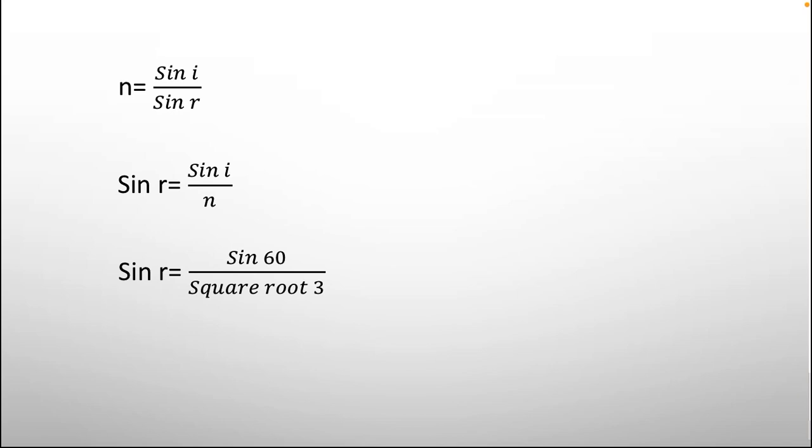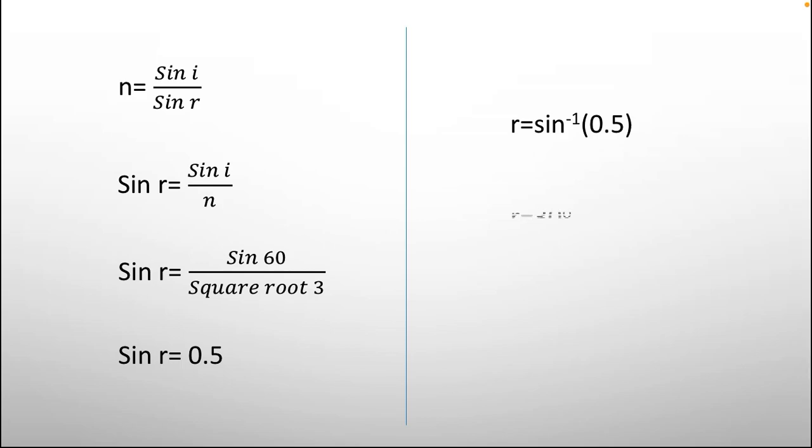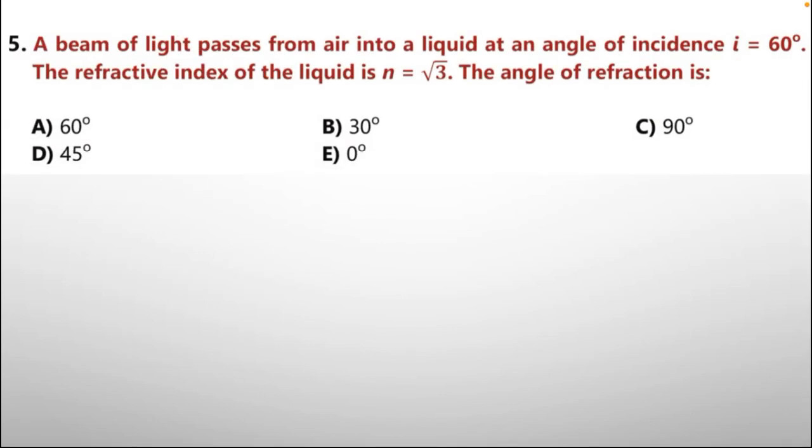Sine r we are going to find: sine i is sine 60 and n equals square root 3, and the answer we get is 0.5 after calculating on the calculator. So r equals sine inverse 0.5, so r equals 30 degrees. According to that calculation, the correct answer is option B, 30.